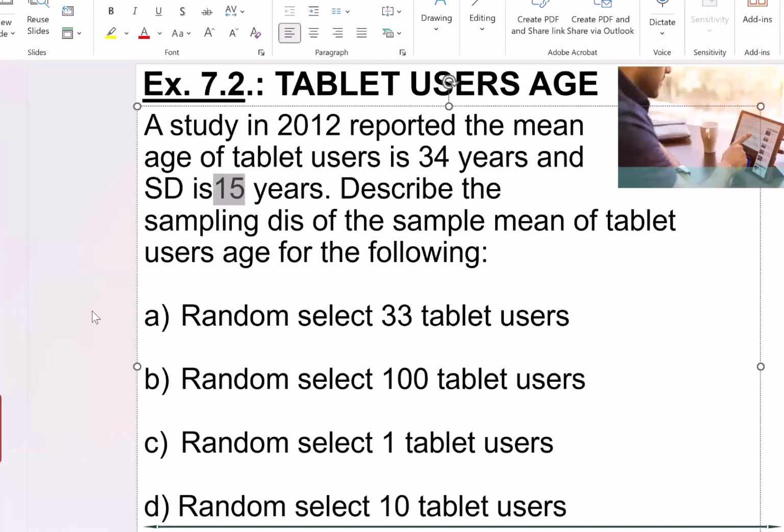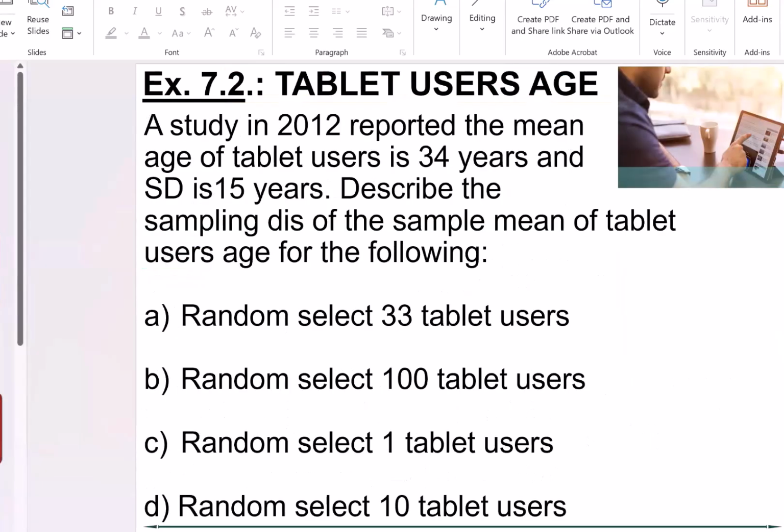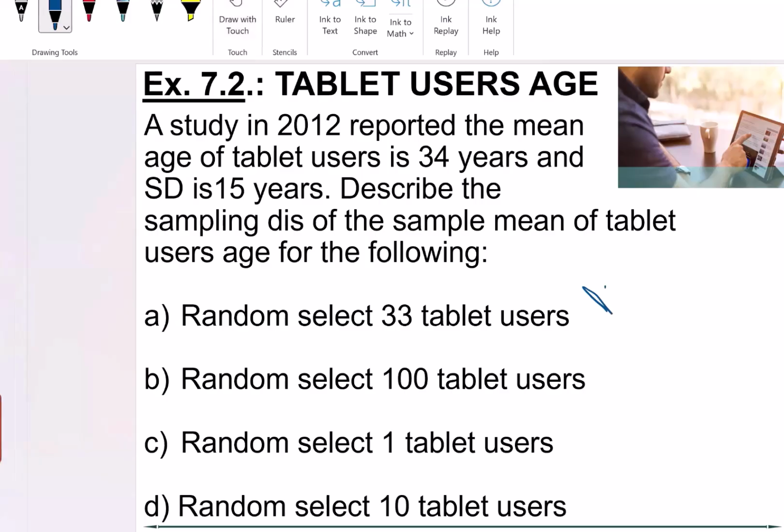So x bar will follow a normal distribution with mean 34 and standard deviation 15 divided by the square root of 33. This is how you solve the first part. In the second part, we consider a bigger sample.